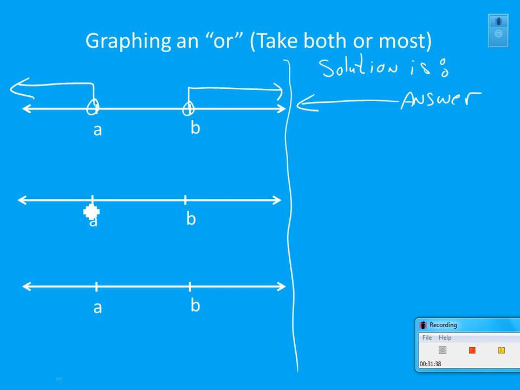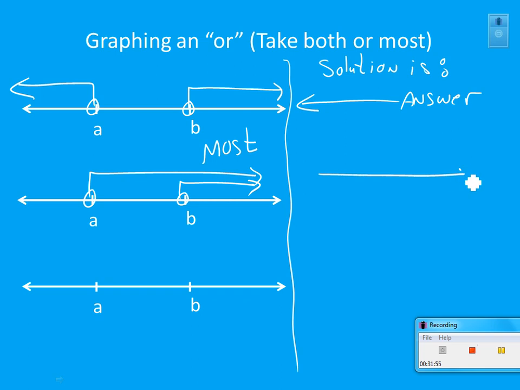Your branches might go the same direction. If they do, take the most that you see. Well, in this case, it looks like the most is going to occur at A on. If they went to the left, the most that you would see is B on.